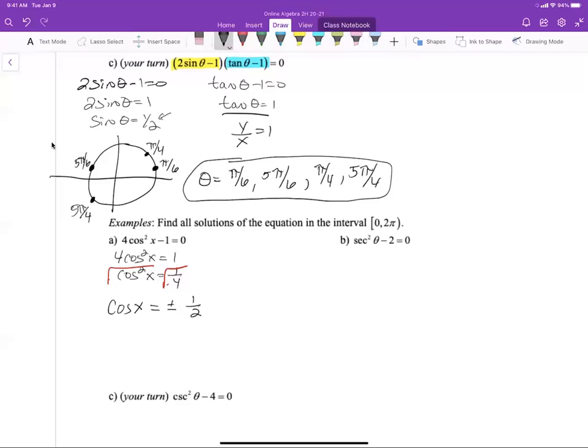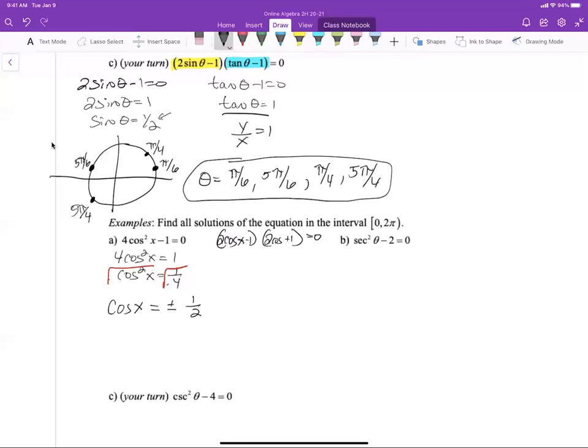The other thing you could have done was factor this, because it is the difference of two squares, and it would have been 2 cosine of x minus 1, and 2 cosine of x plus 1, and that is equal to 0.